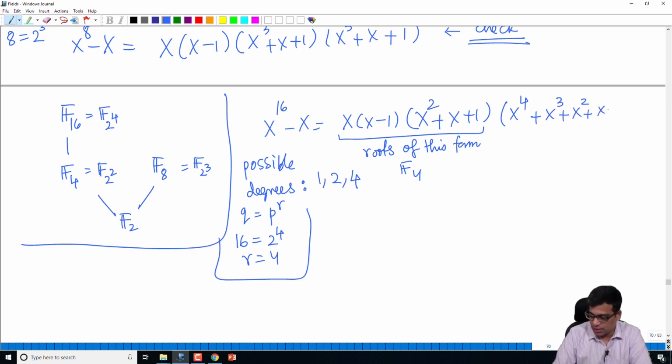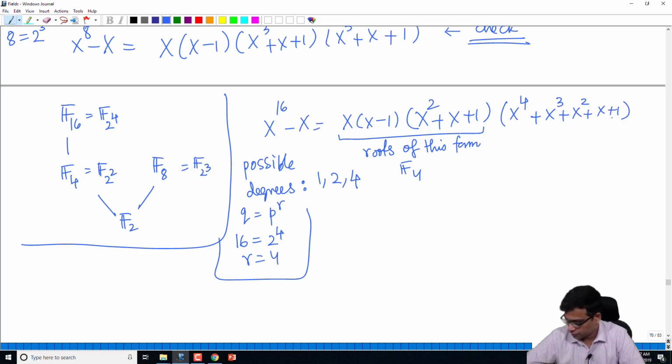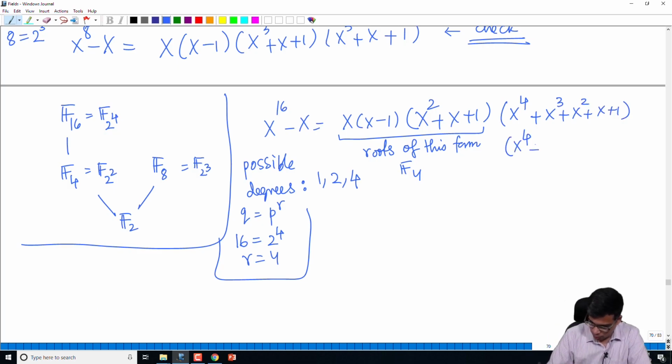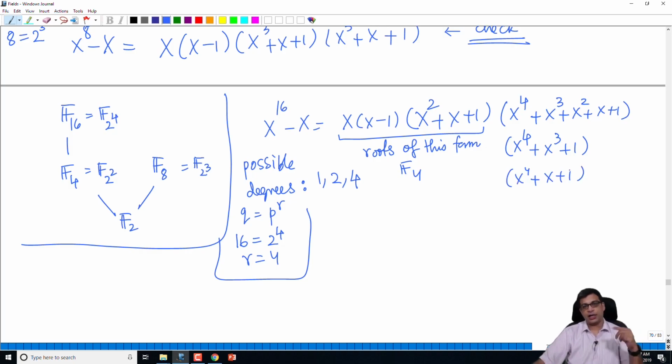I have computed this, and this is what it looks like. I will write it down and you can check this: x^4 + x^3 + 1, x^4 + x + 1. So this is the factorization, again illustrating the last part of the structure theorem.